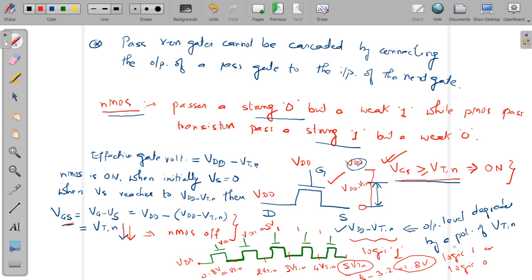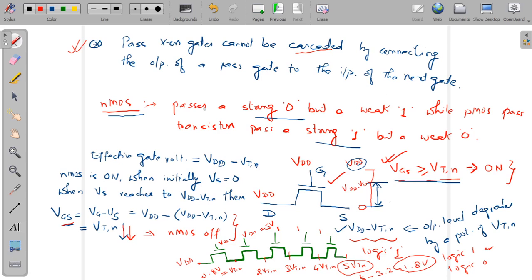This is a pretty serious issue, because logic 1 gets converted to logic 0, which is completely wrong. So this is one of the biggest drawbacks of pass transistor logic, that pass transistors cannot be cascaded by connecting the output of a pass gate to the input of the next gate.